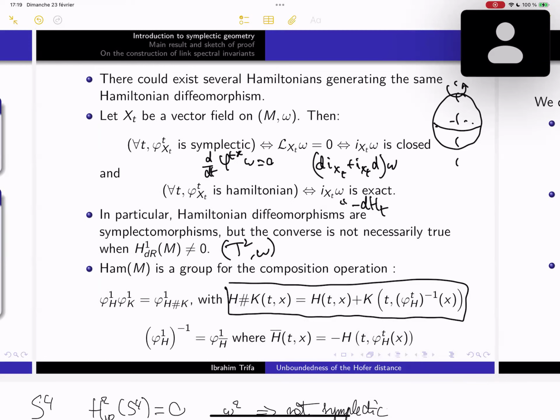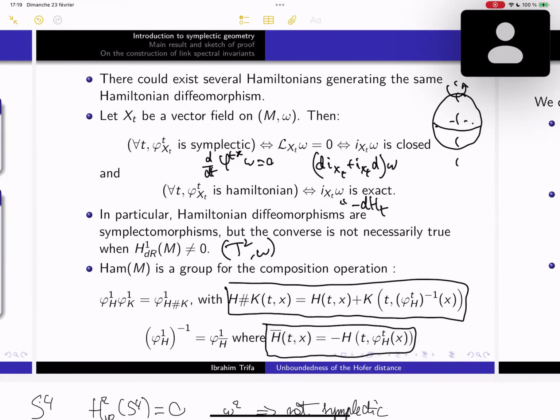And also for the inverse map, if you have a Hamiltonian diffeomorphism generated by a Hamiltonian H, then its inverse is also a Hamiltonian diffeomorphism generated by this Hamiltonian here.